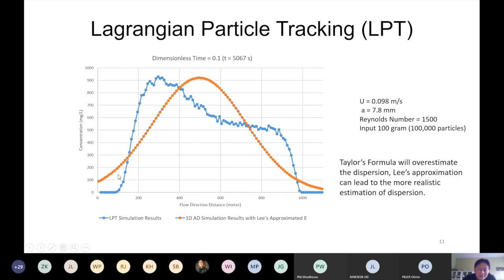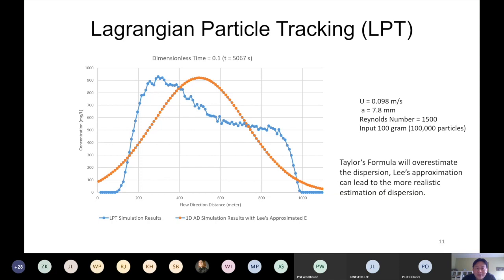You can see the spread is still very similar comparing the Lagrangian particle and the 1D advection dispersion formula. But the shape is different, because the 1D advection dispersion basically mimics a Gaussian distribution of the pollutants or species. But in reality, there is skewness of the distribution. So the Lagrangian particle method shows the skewness of the distribution.